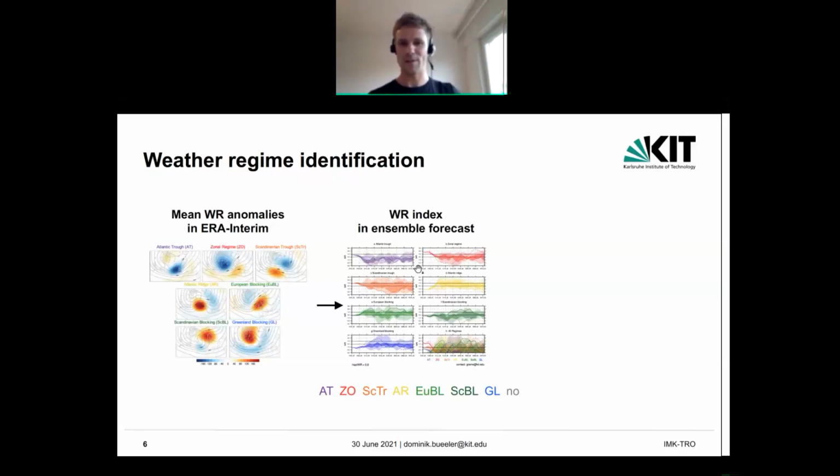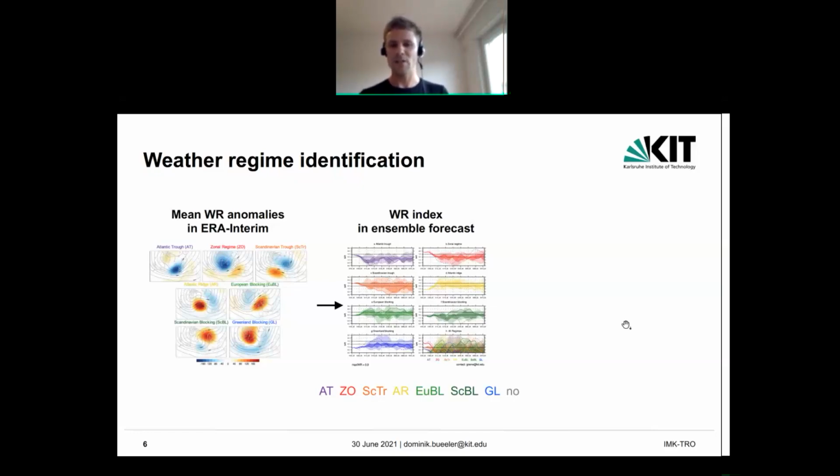You see how the ensemble with lead time here on the x-axis projects onto these 7 cluster means. But we ultimately want to reduce this to a 1-dimensional view or a 2-dimensional view. So we want to know which regime is active at each lead time step. For this, we apply a set of lifecycle criteria.